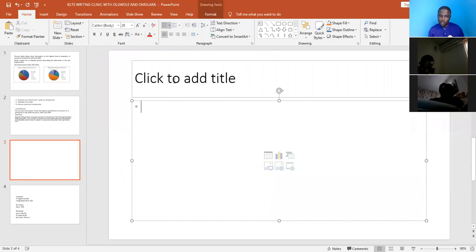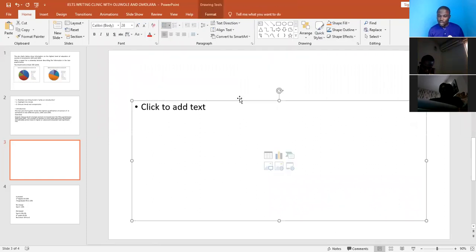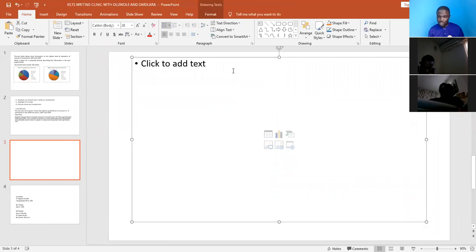So the next one is your general analysis and comparison. So that's what I will call it. The third thing is general analysis and comparison.